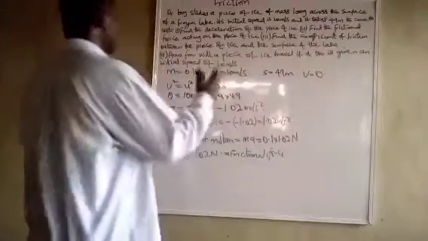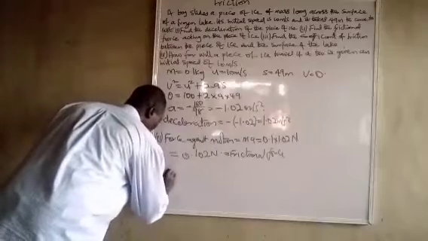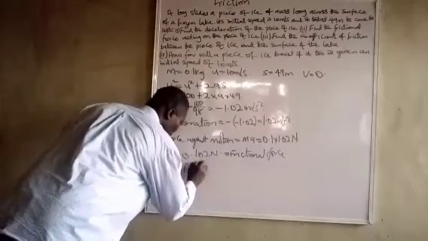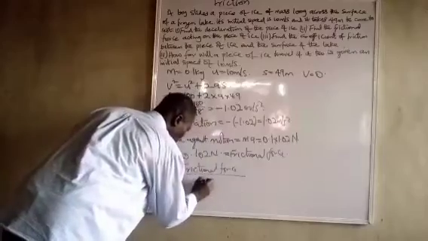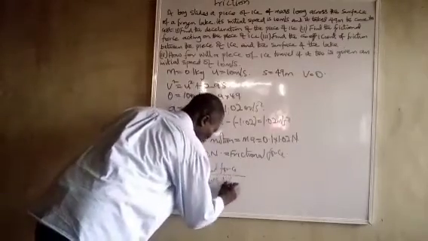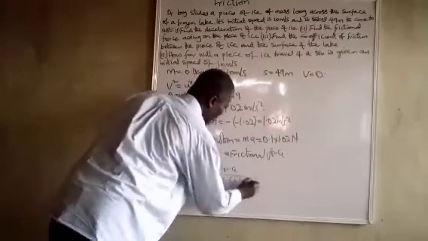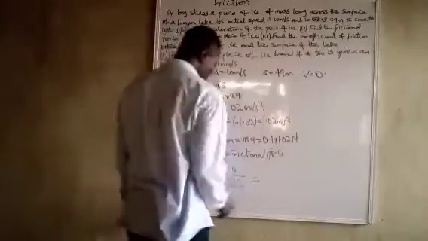Now, third one. Find the coefficient of friction between the piece of ice and the surface of the lake. So 3. Mu is equal to frictional force over the normal reaction. And in this instance, the normal reaction is equal to weight, since it's not sliding vertically and no other force is acting against it.